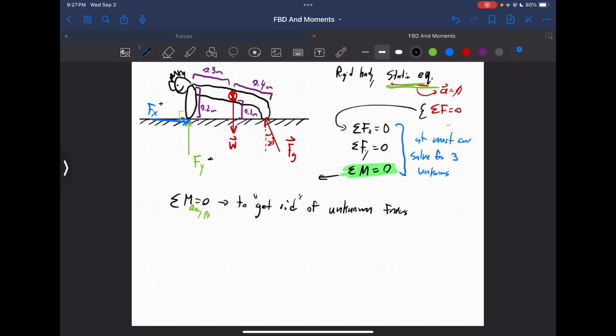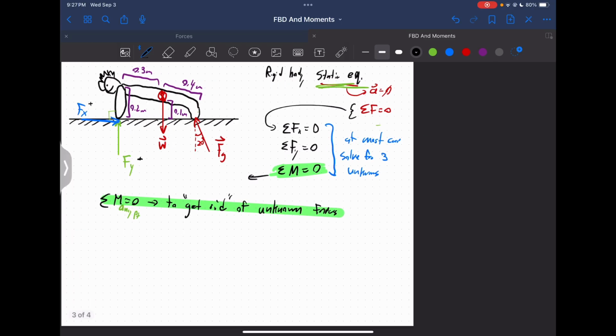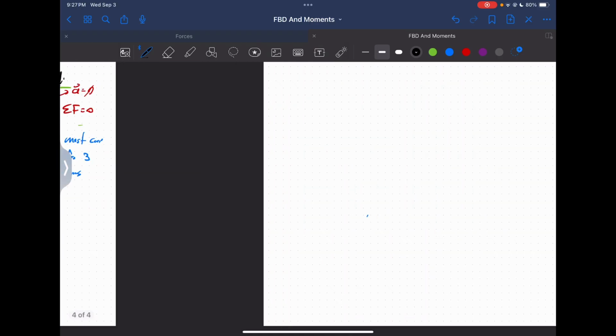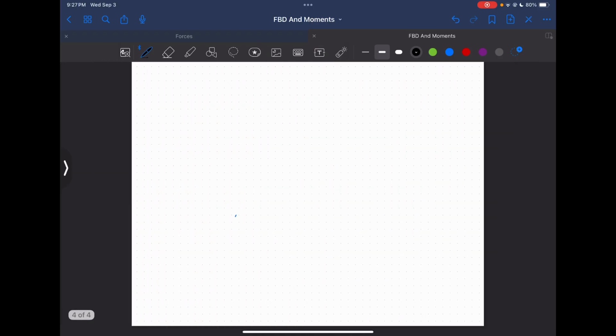But before I explain this and get into it, we need to review what moments are and get a deeper understanding. Because this seems great, and it's a great place to start, but you need to know what you are doing. So we have two equations for the moment.